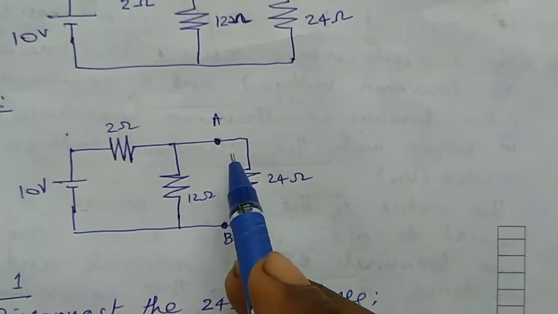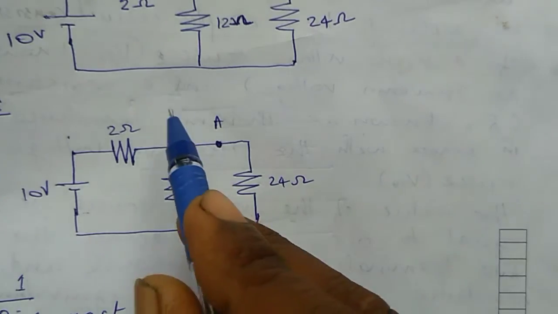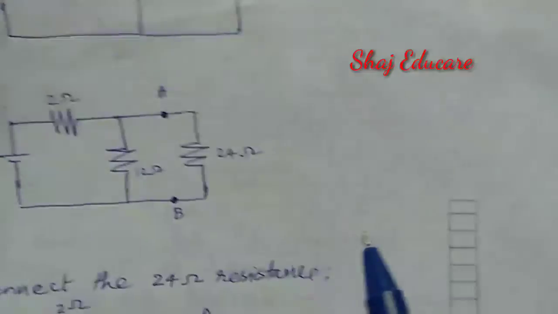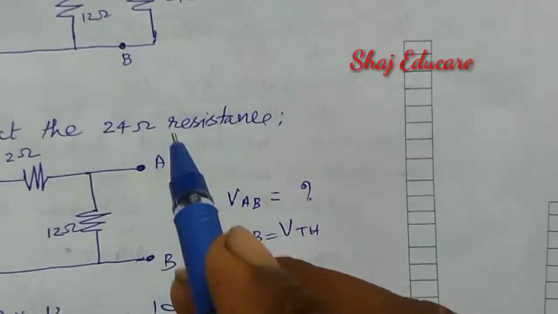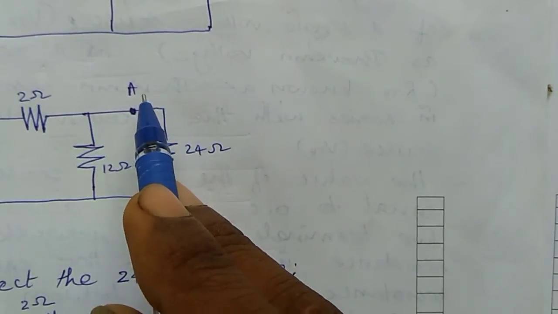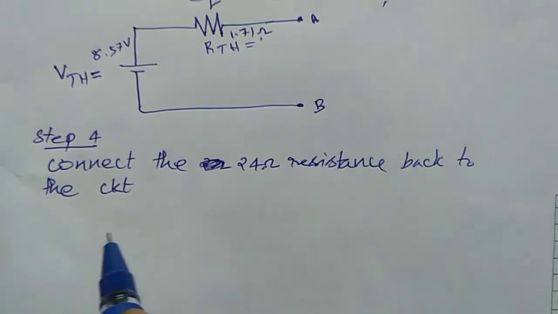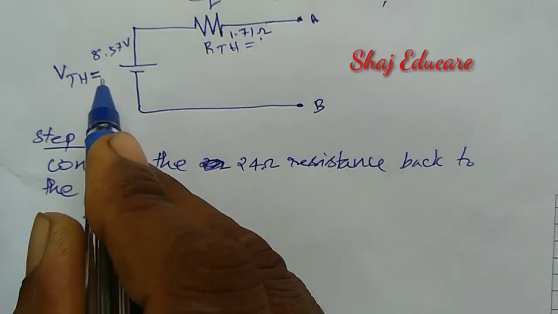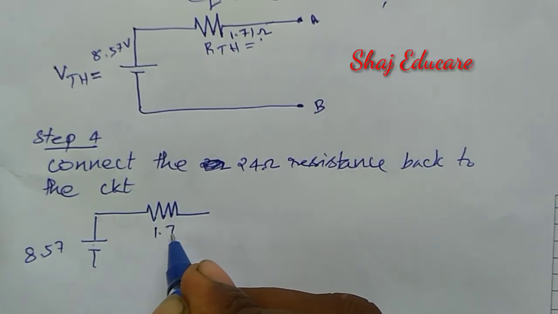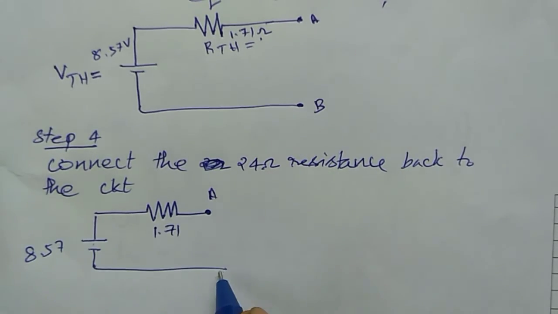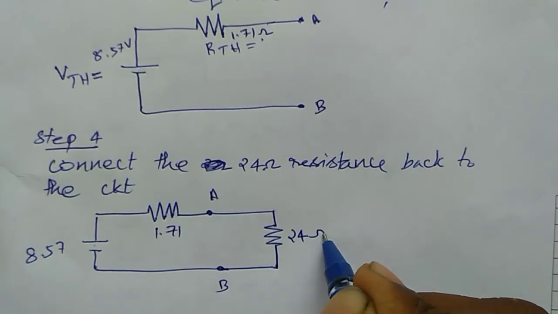Here we disconnected it from A and B. Now we found the Thevenin equivalent circuit, and finally we have to connect the disconnected resistance back across A and B. VTH is 8.57 and RTH is 1.71. Across A and B we connect the 24 ohm resistance.